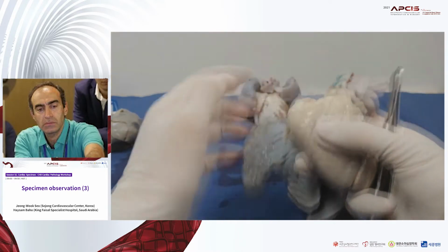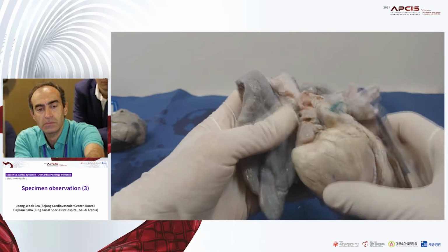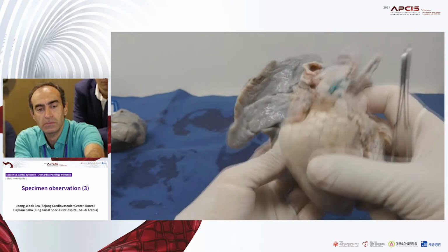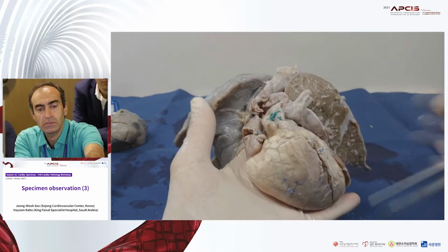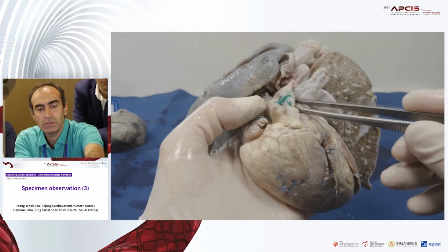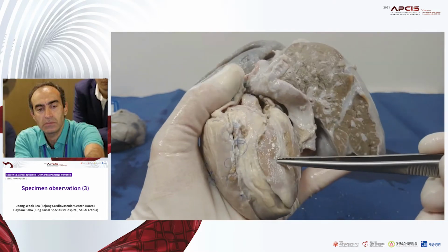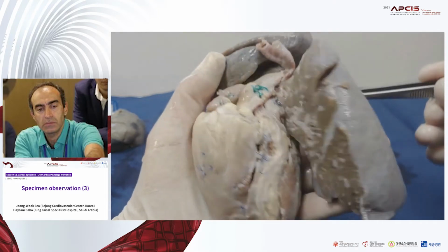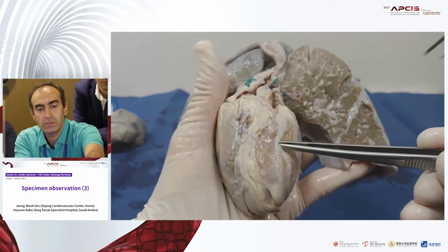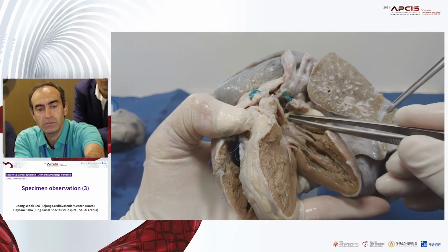It is not unusual to have associated anomalies with the transposition of the great arteries lesion, as in this heart. So here we have right atrium to right ventricle that gives rise to an ascending aorta. And on the left, pulmonary veins to left atrium, draining into the left ventricle, that gives rise to the pulmonary artery.